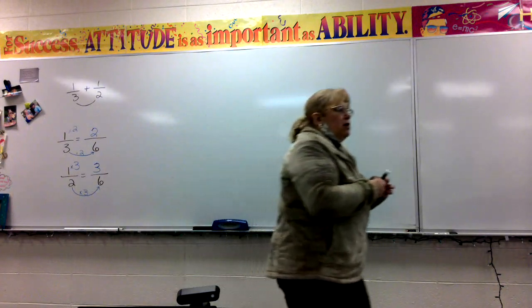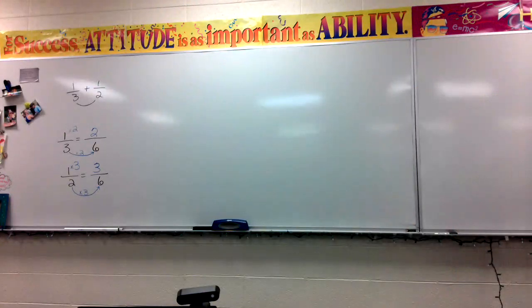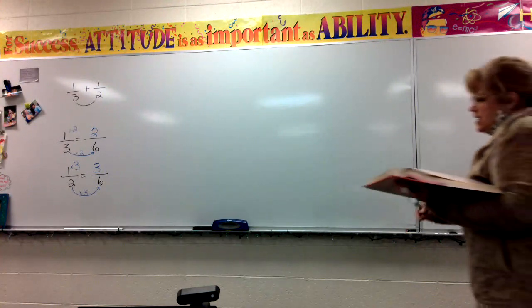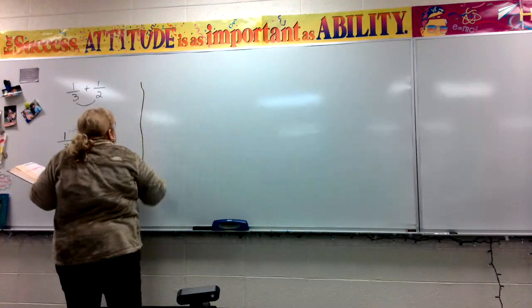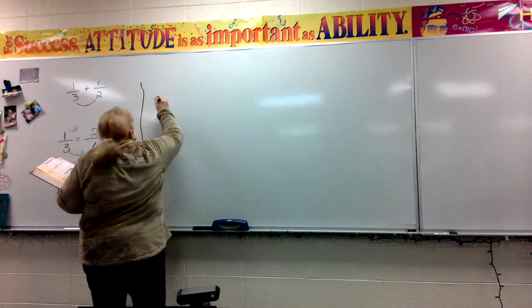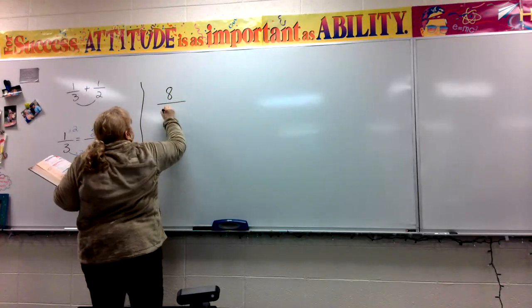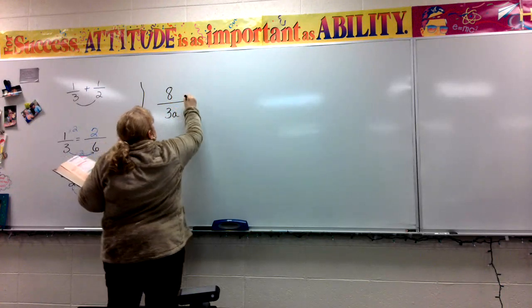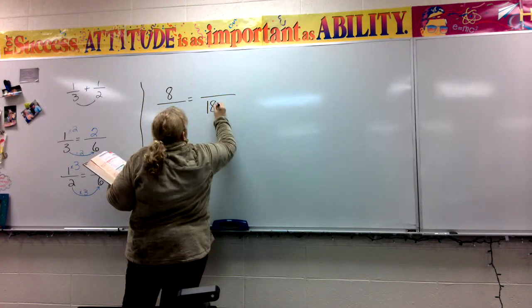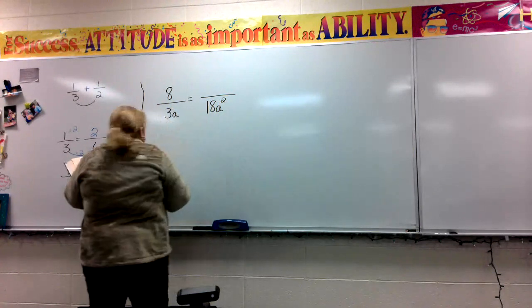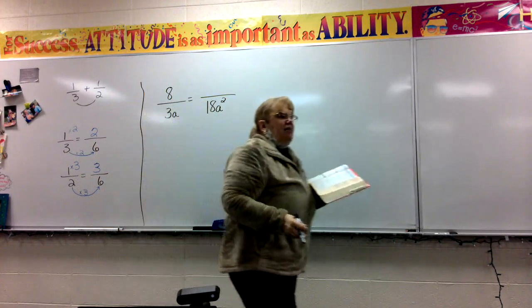Now you're probably like, we already know how to do that. Yes, we do know how to do that. But today we're going to look at finding equivalent fractions when you have not only numbers, but we're going to throw in some letters. And we're not really going to actually add them yet.